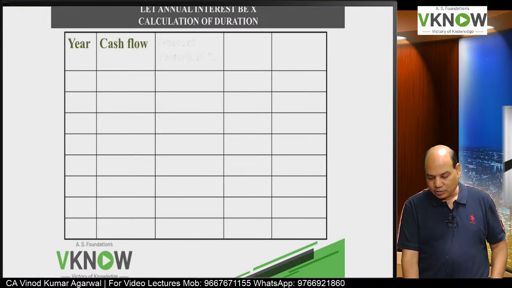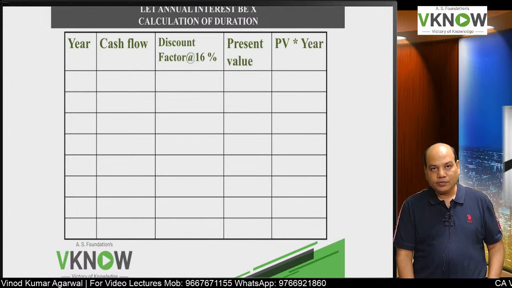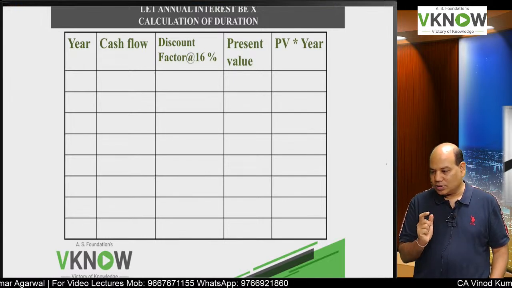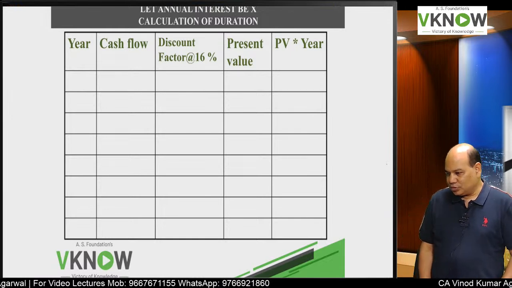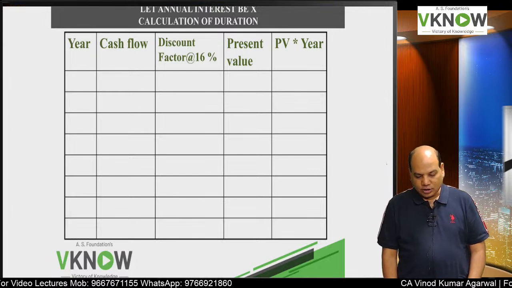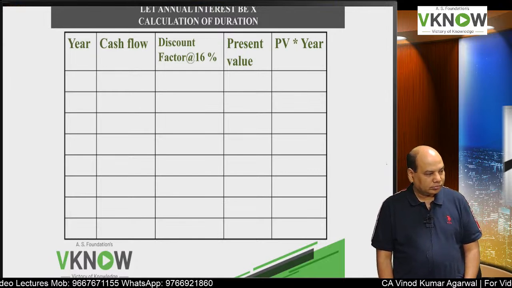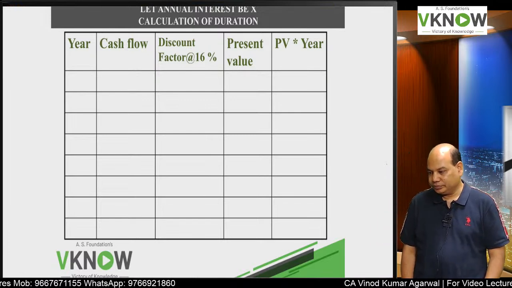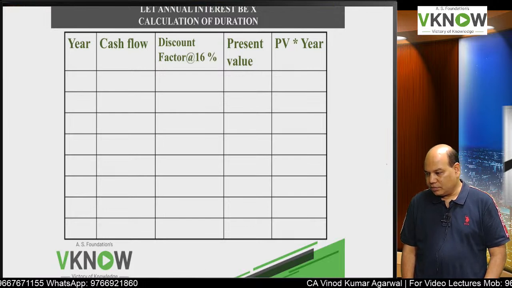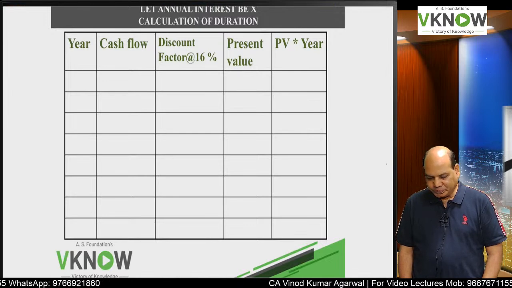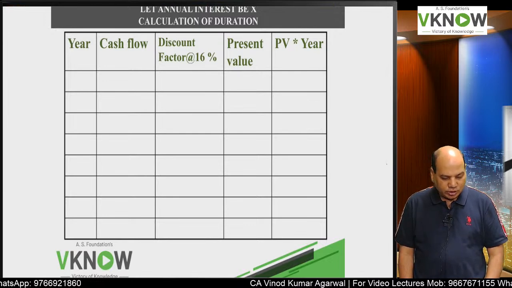Solve like a normal question, but instead of the coupon amount, we will put the value as X. So write down year, cash flow, discounting factor at 16%, present value, present value into year.